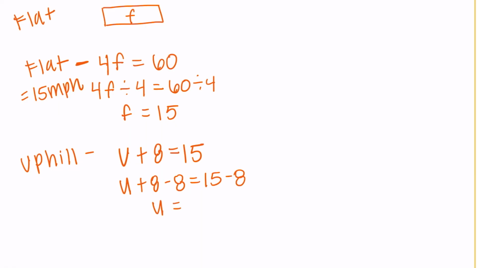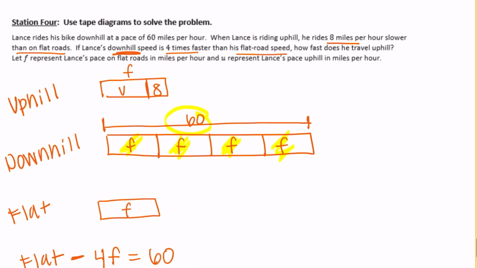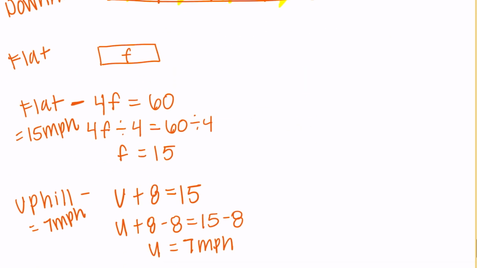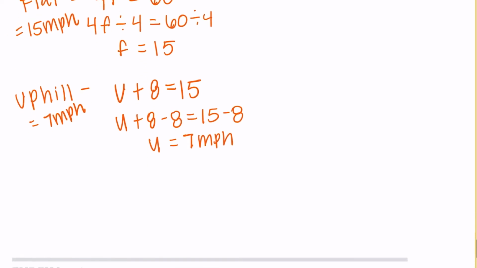So U is equal to 15 minus 8, which is 7 miles per hour. So the question is really just asking, how fast does he travel uphill? And we can say he travels uphill at 7 miles per hour.